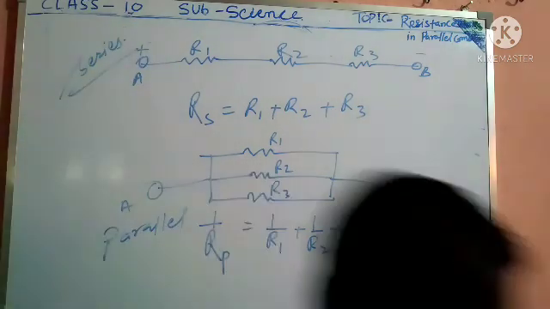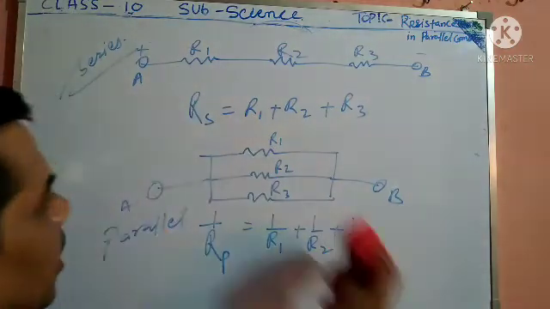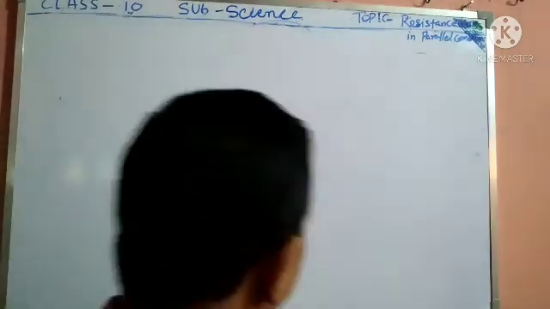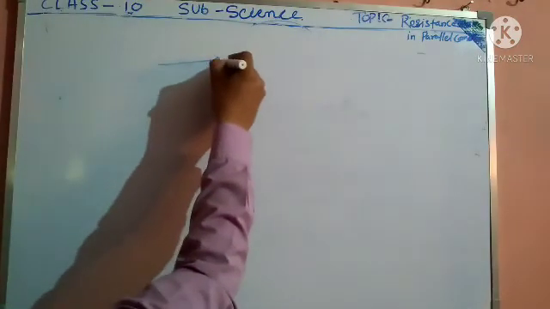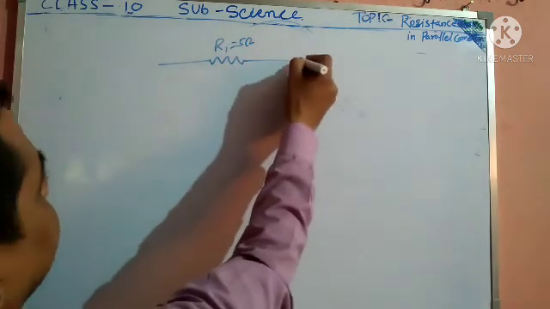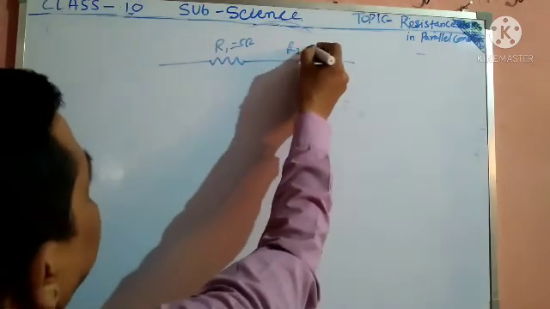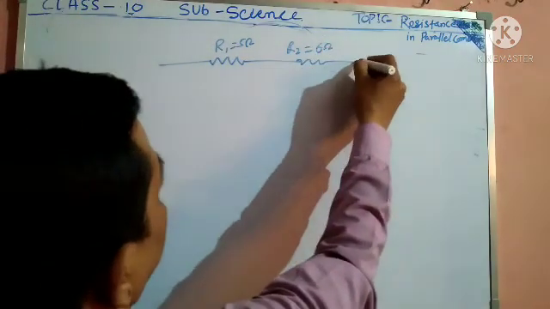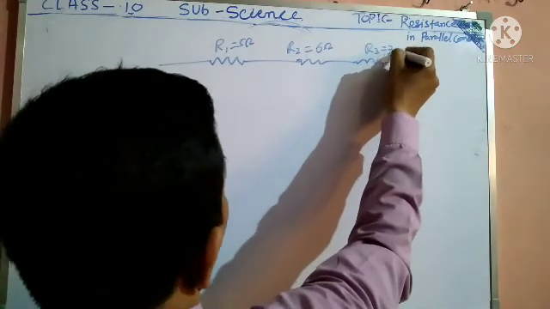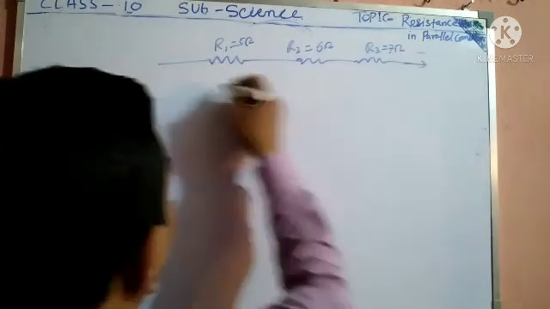If a numerical of this type is given, suppose R1 is 5 ohm, R2 is 6 ohm, and R3 is 7 ohm. Find the total resistance.